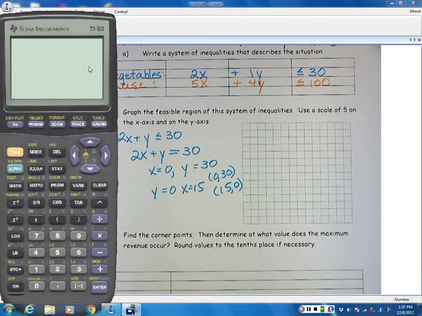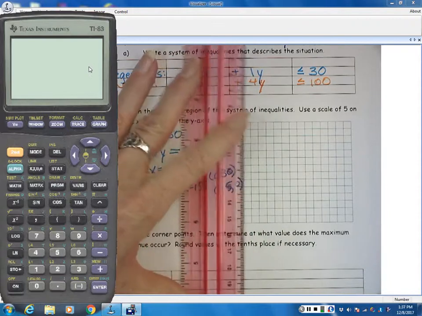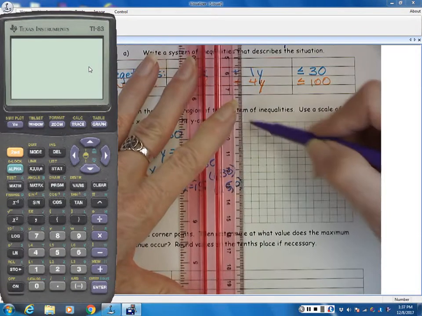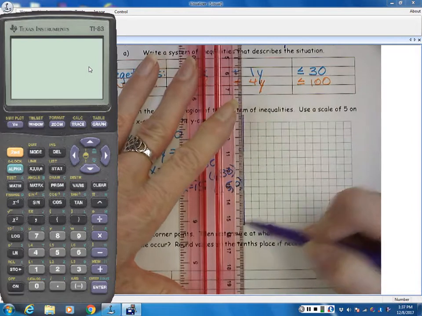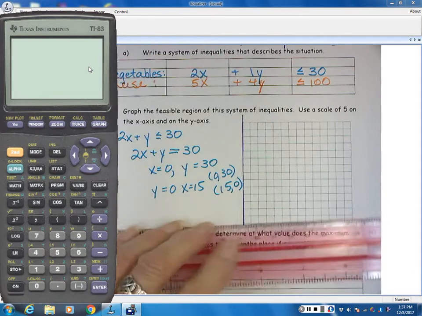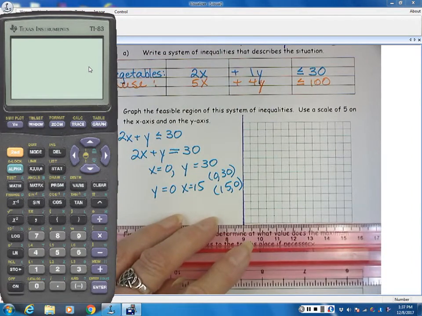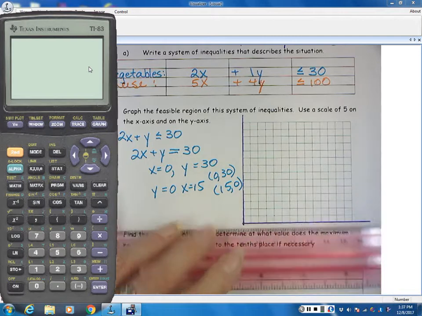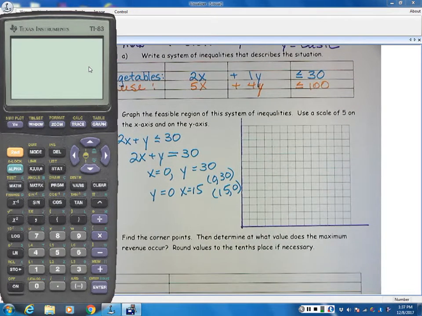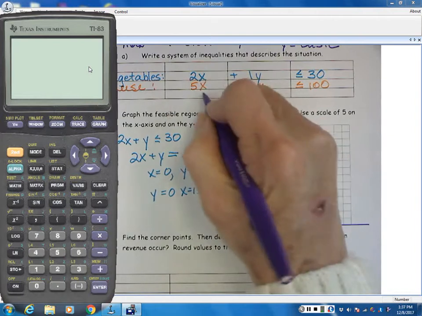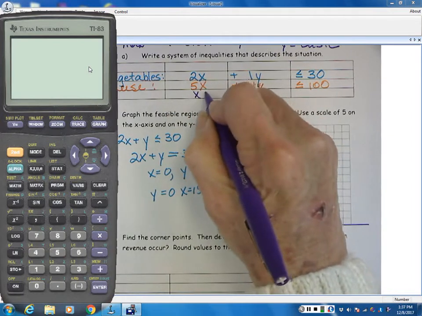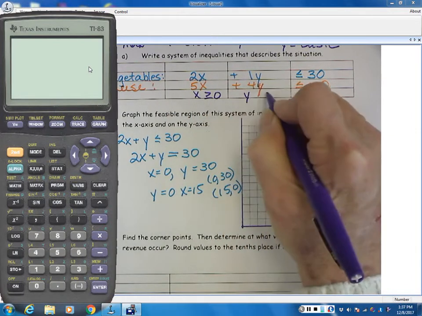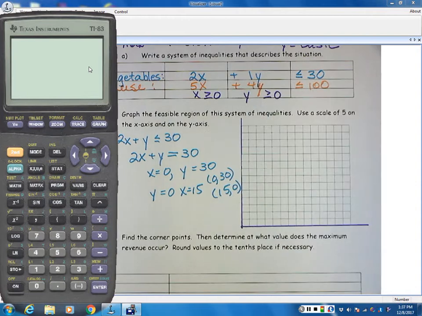And we only need to be in the first quadrant, because they can't make negative pizzas. So our last restrictions here are that x has to be equal to or greater than 0 and y has to be equal to or greater than 0. So we've taken care of that just by drawing the graph.